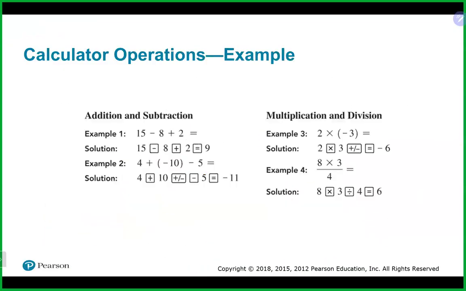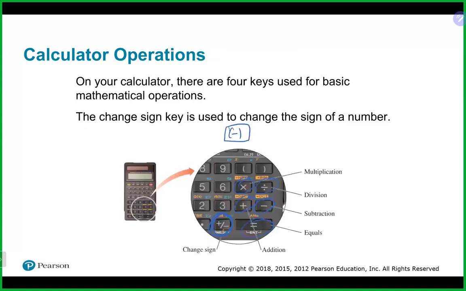When you put things into your calculator, I would highly recommend not doing too much at once. That is where a lot of people run into errors: they try to put everything in at once. Sometimes it's better to use this important button right here, the equals button, several times throughout your calculation.